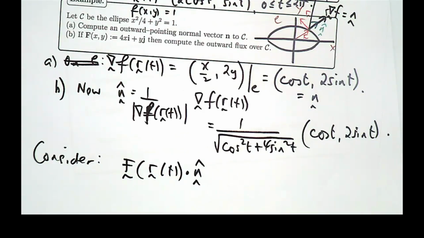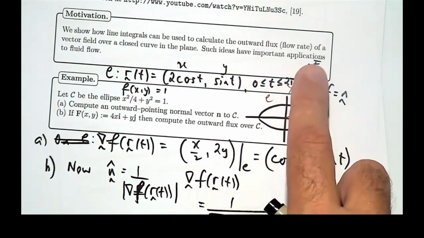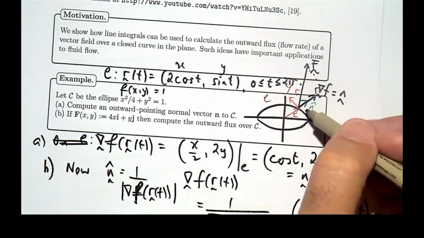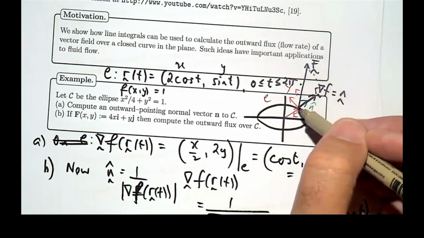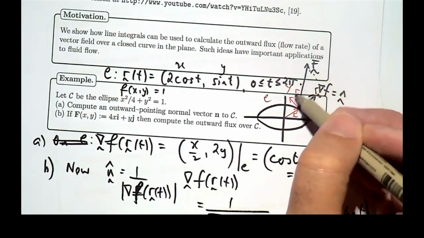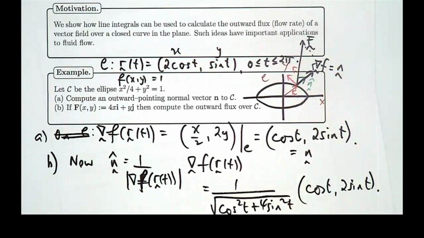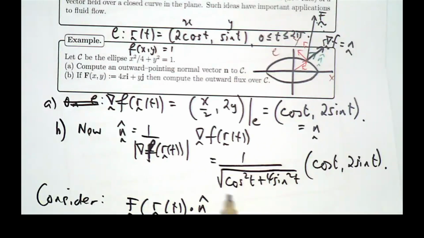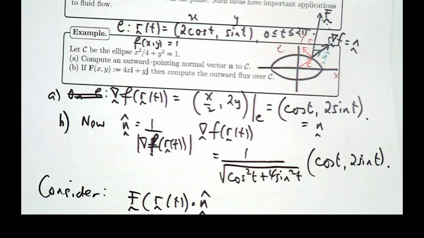So there's my F at that point, there's my N, and I draw a little right angle triangle. The component of the vector in that direction can be captured by the dot product.